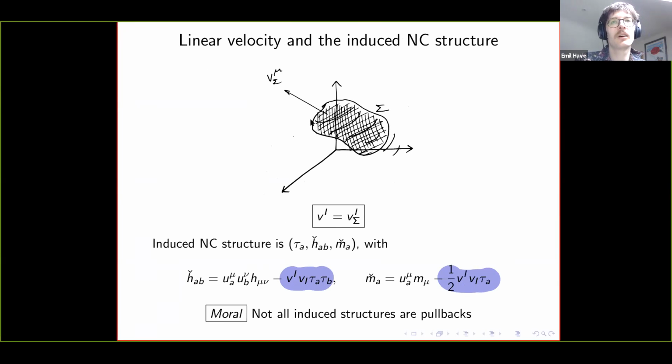And the interpretation of this field as the linear velocity of the submanifold with respect to the ambient space. But because we will consider things that are anyway boost invariant, this will not have a huge bearing on the physical systems that we will examine. But this is just to tell you a little bit about the interesting properties of the geometry that we have developed.